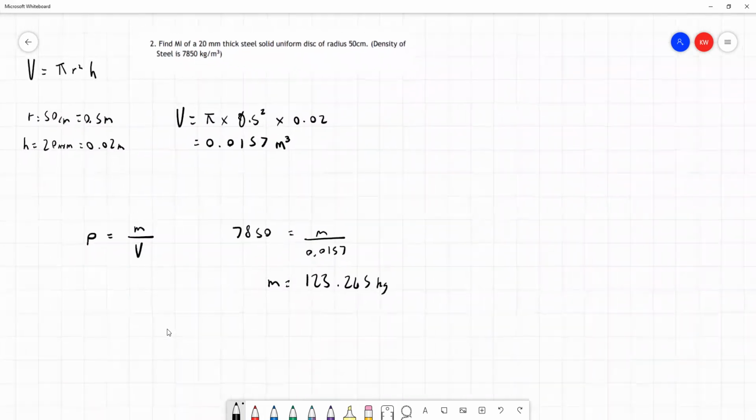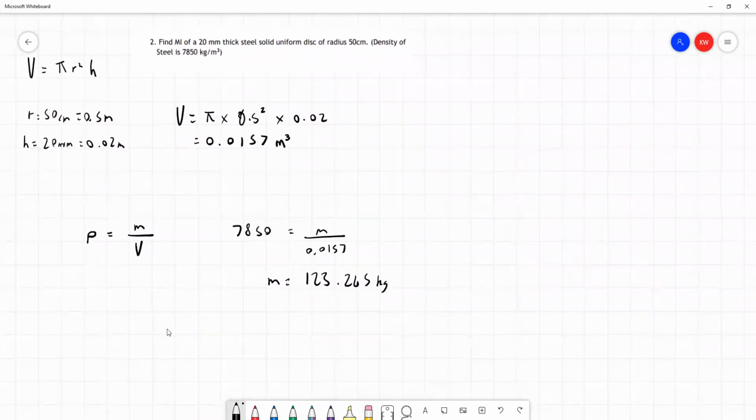If we then go on to use our equation for moment of inertia, specifically for a solid uniform disk, this is not for every moment of inertia, but certainly for this type of disk, it's mass times radius squared divided by 2. We now have all the information to complete this. The mass put in here, the radius correctly converted into meters, 0.5 meters, so we'll square that and divide by 2.